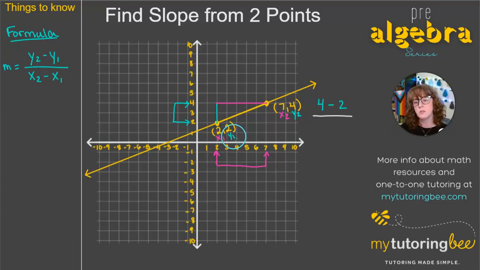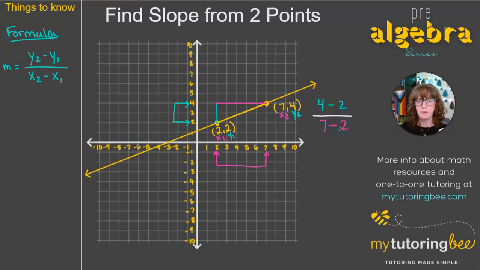So that's all those little 1s and 2s mean. They represent which x value or which y value that number is coming from. So for our x values, we're going to take 7 from the second point and subtract 2 from the first point.